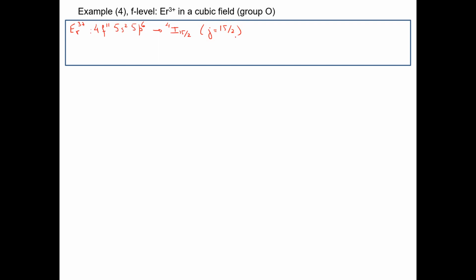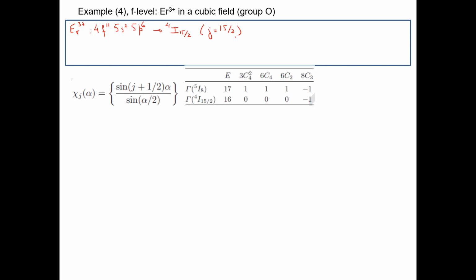And again, once you do the calculation of the characters for the equivalence representation, this is what we get for this case. This is a half integer case, so this level will split in double group representations, and the splitting is going to be like that: gamma 6 plus gamma 7 plus 3 gamma 8.